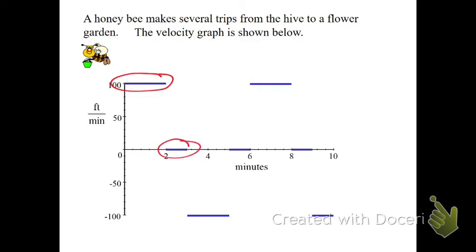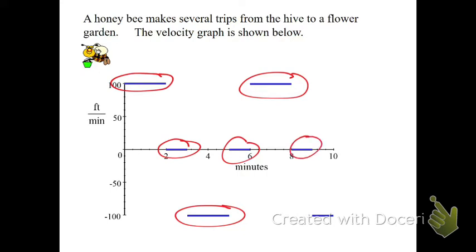Then he's still going at a speed of 100 here, but going in reverse, back to the hive, stop, crash, stop. Then he manages to suddenly start flying again without speeding up. 100 back to the flower, get more honey, stop. And then he doesn't make it quite all the way back home in reverse.